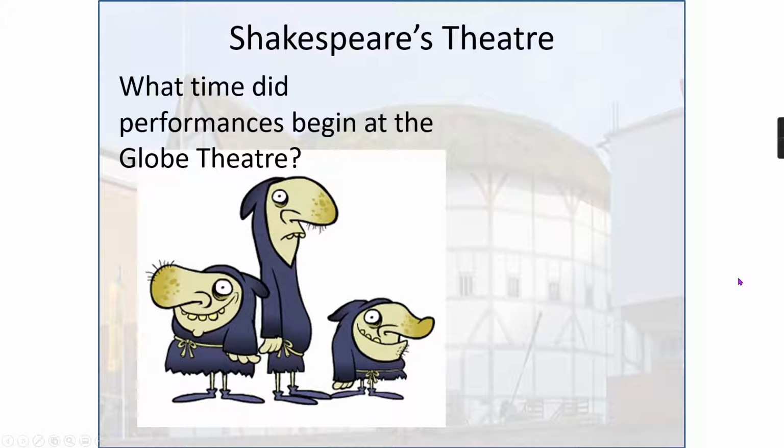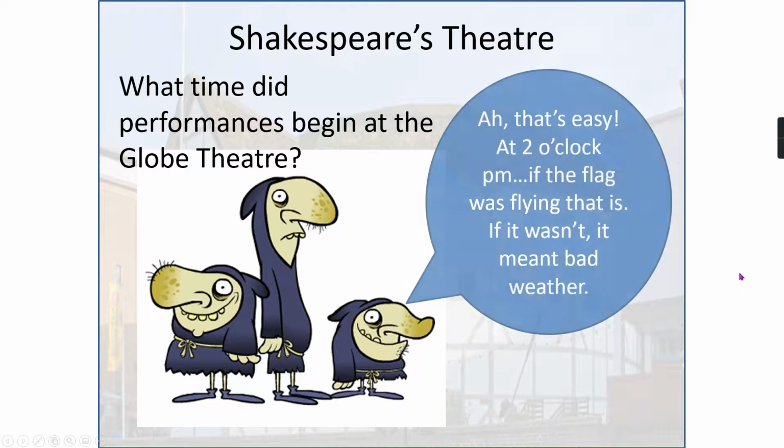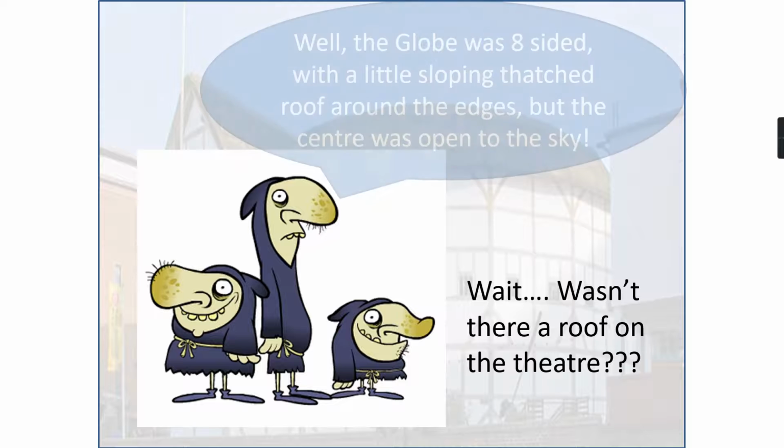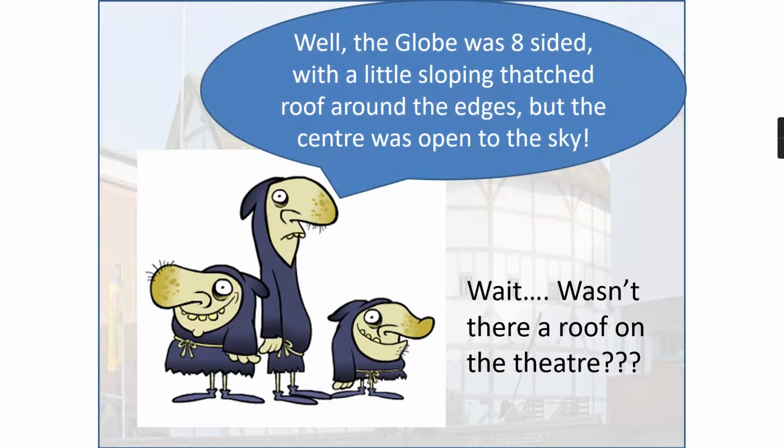So, what time did performances begin at the Globe Theatre? Performances began at 2 o'clock if the flag at the top was flying. If it wasn't, it was bad weather, and obviously they couldn't perform if it was bad weather, because there wasn't a roof on the theatre.